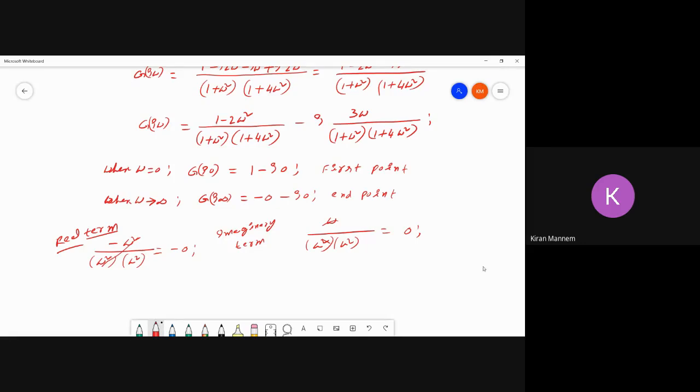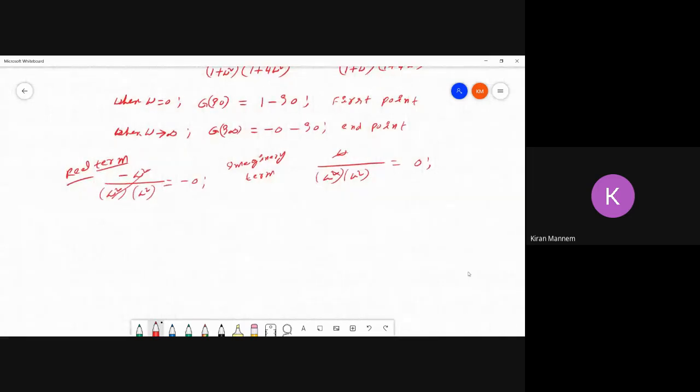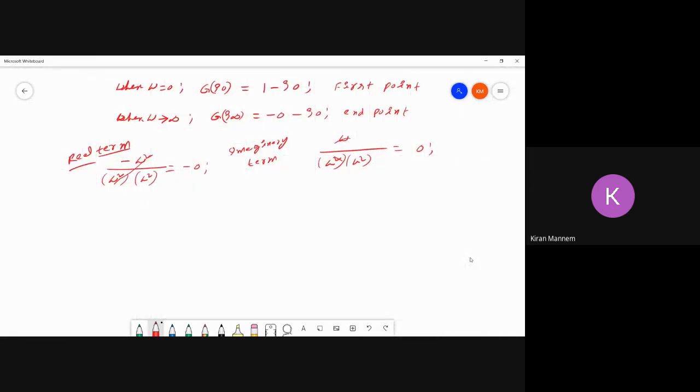Now let us draw the polar plot for this. This is your real axis at 0 degrees and minus 90 degrees.